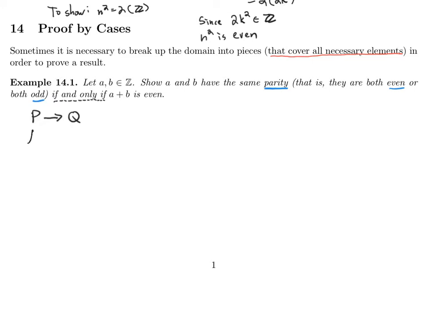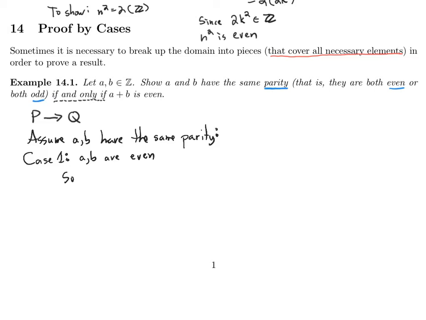So let's assume that A and B have the same parity. So let's do our first case. Let's prove it for the first case. Case 1 is A and B are even. So what does that mean?